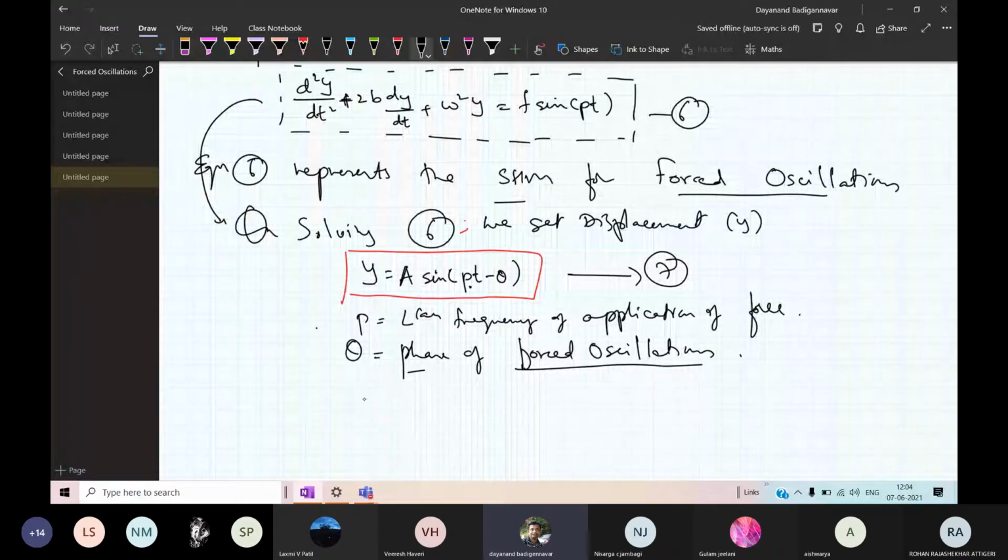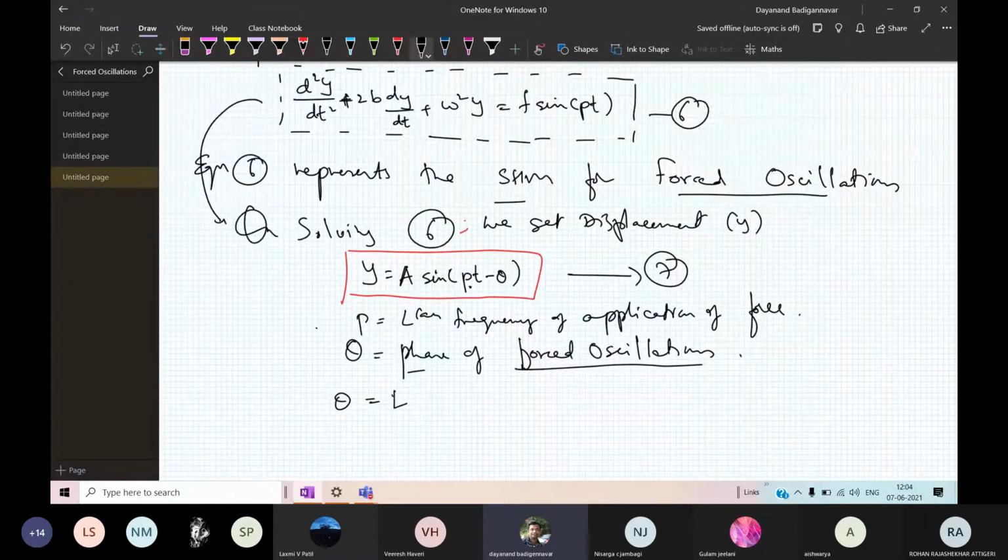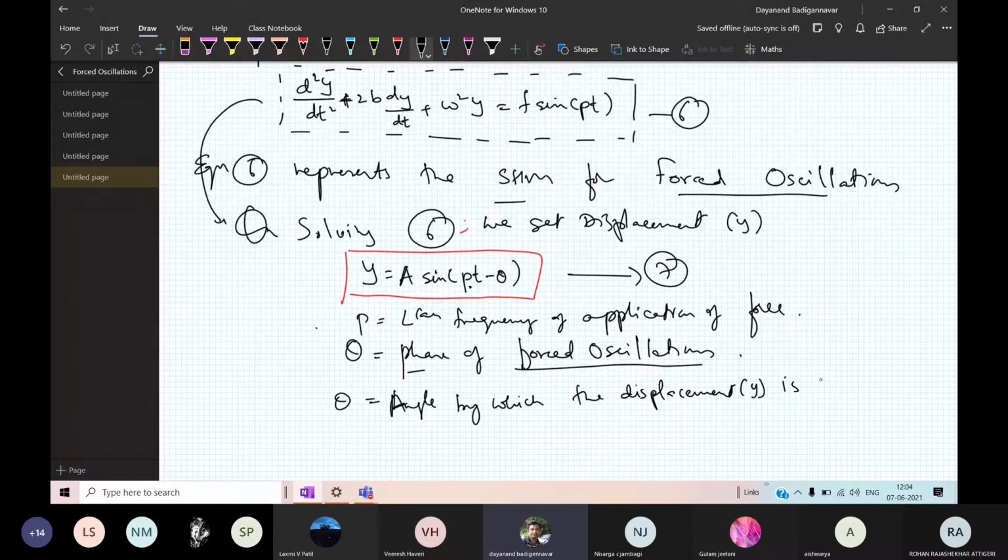Phase means the angle by which the displacement y is out of phase with the applied force. That means with respect to the applied force, how the forced oscillation is oscillating. You're getting the point.